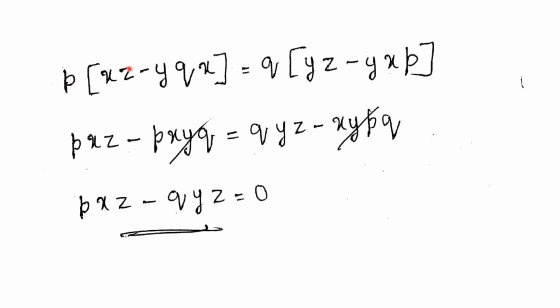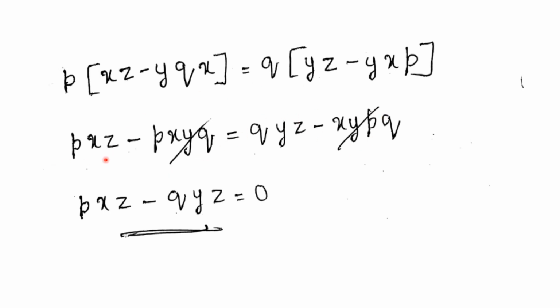Now multiply p to each term inside the bracket as well as q to each term inside the bracket. This is what you get. Since on the left hand side as well as the right hand side you have a negative sign and the terms are common, pxyq as well as pxyq, both terms will get cancelled.